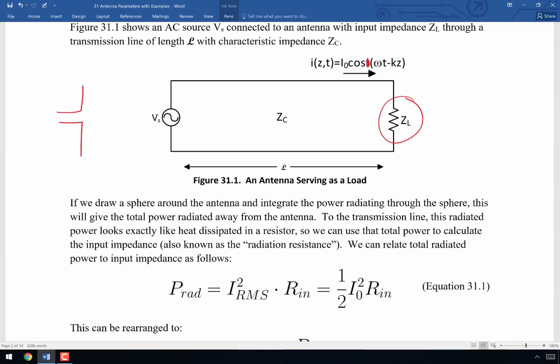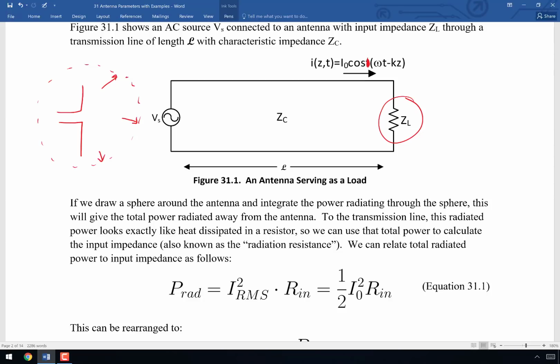I'm going to draw a sphere around the dipole antenna, and I'm going to figure out what is the total radiated power. Now, we actually did calculate the total radiated power for an infinitesimal dipole antenna. We haven't done it for a finite dipole yet, but we did do it for an infinitesimal dipole, and it wasn't super hard for the infinitesimal dipole. We can now use whatever the amount of power is that is intersecting with that sphere.